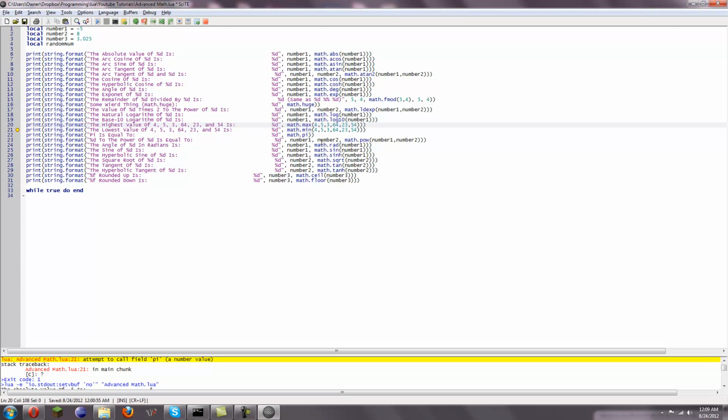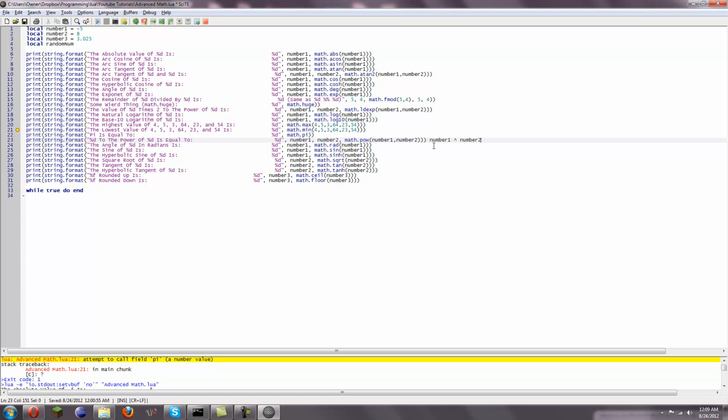Pi is equal to math.pi. Again, I just do like 3.14, more accurate. Then to get an exponent of something, you do math.pow, POW, prisoner of war, and then the first number, and then the number that you want to raise to the power, which is also the same as doing, in this case, number 1, caret number 2.